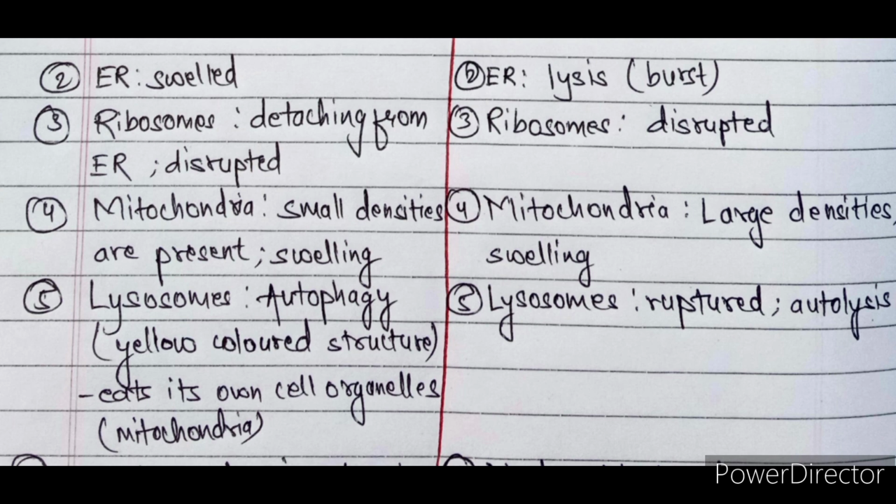Fifth point is lysosomes. In the reversible cell injury, there is autophagy process, that is the yellow colored structured lysosomes eat its own cell organelle, that is mitochondria, by the process of autophagy, whereas in irreversible cell injury, the lysosomes are ruptured and there is autolysis.